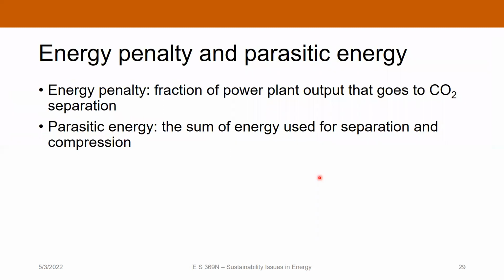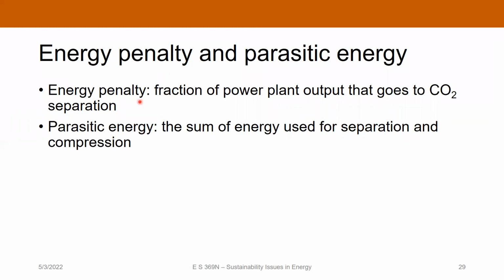Okay, so all of our analysis right up till now has assumed that we don't have any energy loss. But indeed, when you're actually doing this for real, you have to worry about energy penalties and parasitic energy. So energy penalty really refers to CO2 capture from a power plant. And generally, you're going to take some of the power plant output and use it as the energy that's required to do the separation.